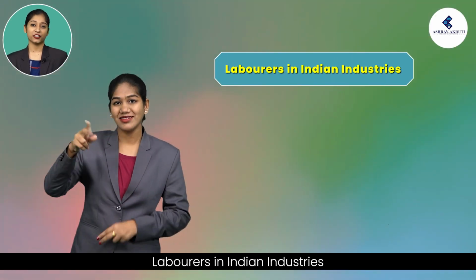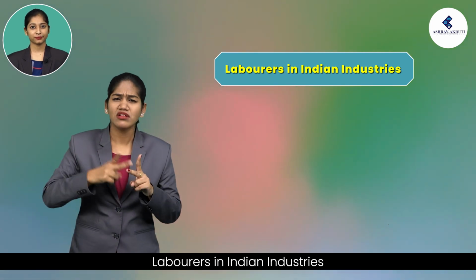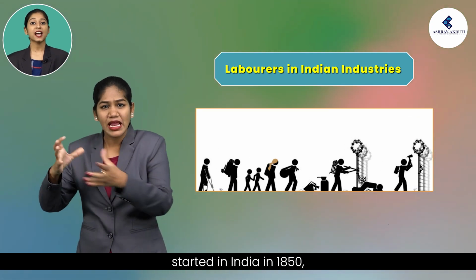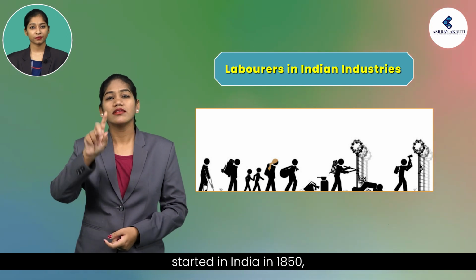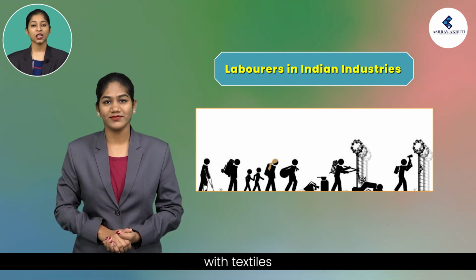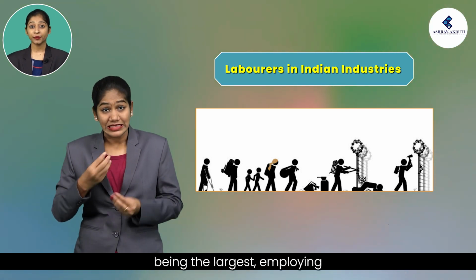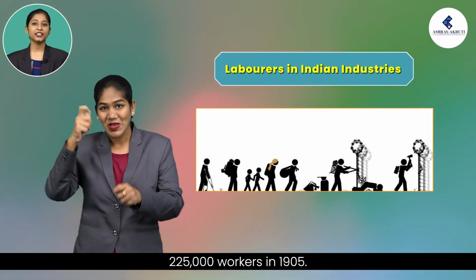Laborers in Indian industries. Machine-based industries started in India in 1850, with textiles being the largest, employing 2,25,000 workers in 1905.